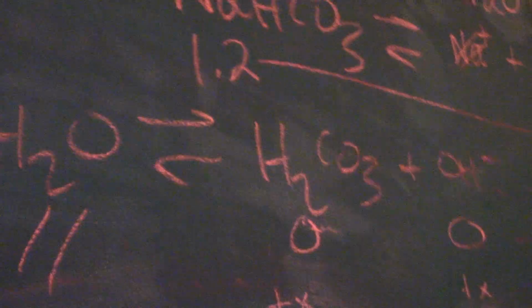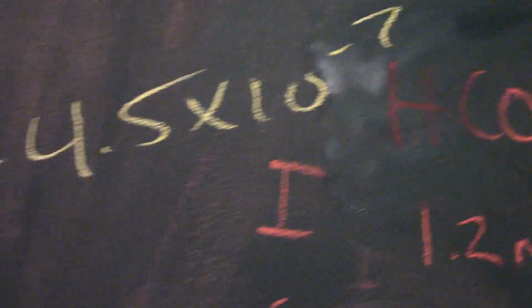So my Ka equals 4.5 times 10 to the negative 7 from the carbonic acid HCO3 negative. Now when I get Kb, Kb will be Kw over Ka, and that's going to equal 2.22 times 10 to the negative 8. So that's my Kb.